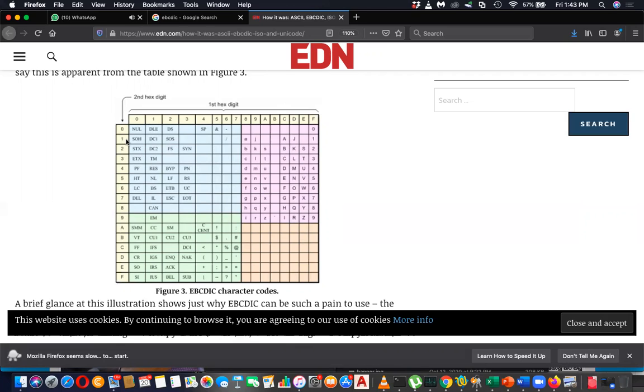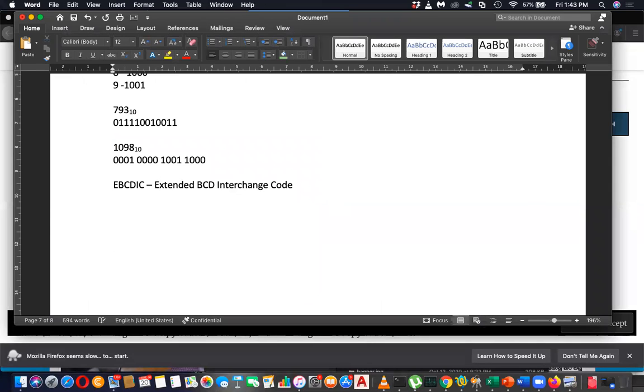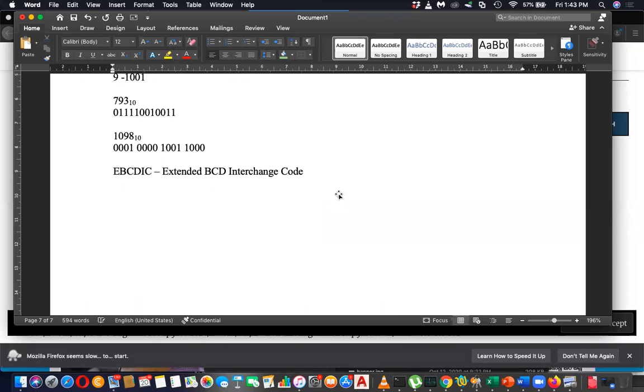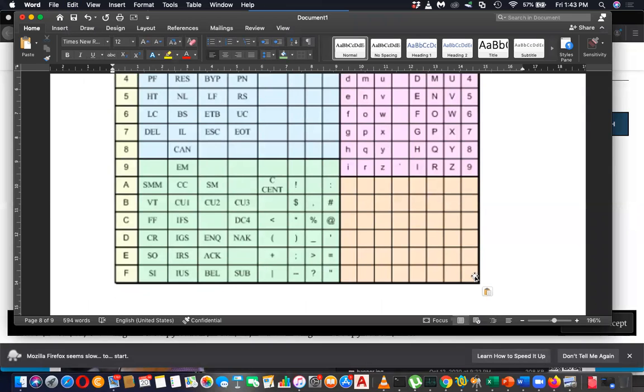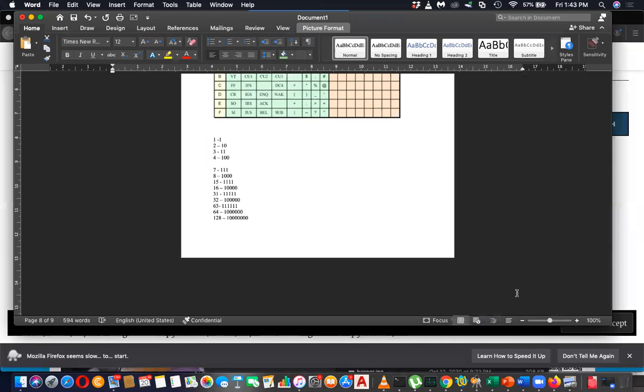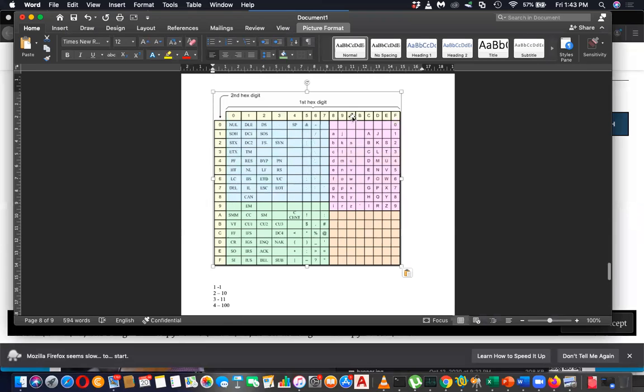Letter A is C1 in hexadecimal. How are we going to convert this to binary?